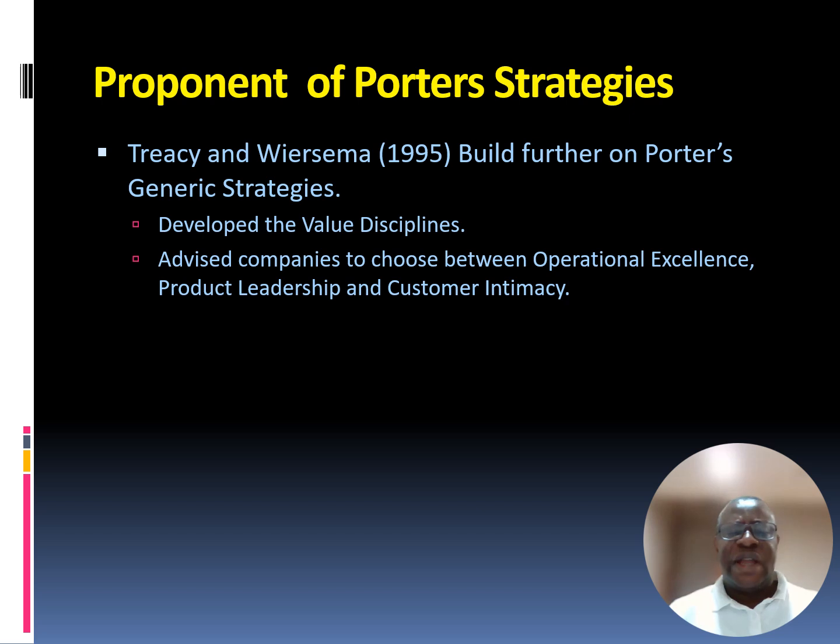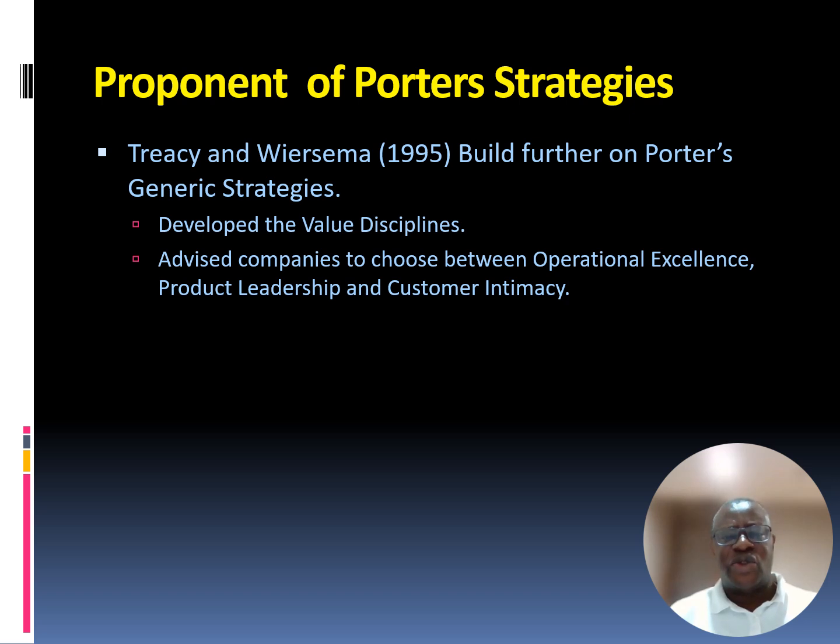Consider Treacy and Wiersema in 1995. They built further on Porter's generic strategy. What did they do? They developed the value disciplines and advised companies to choose between operational excellence, product leadership, and customer intimacy. They feel that all these can be done in such a way as to get the best.